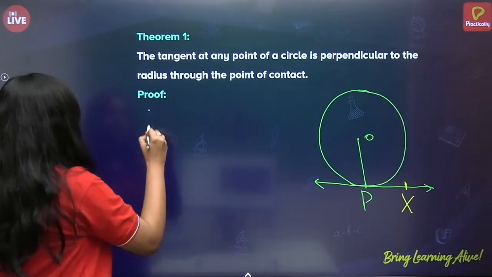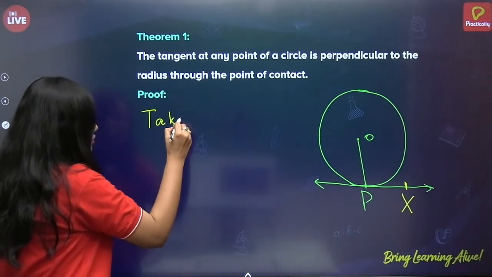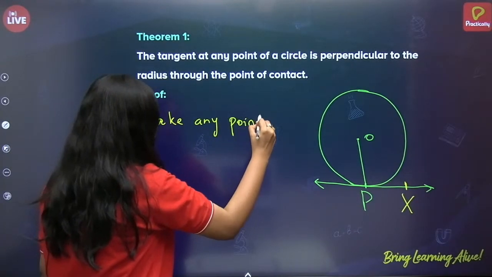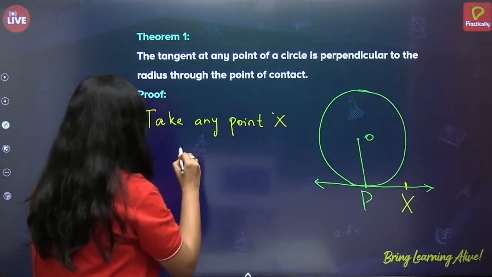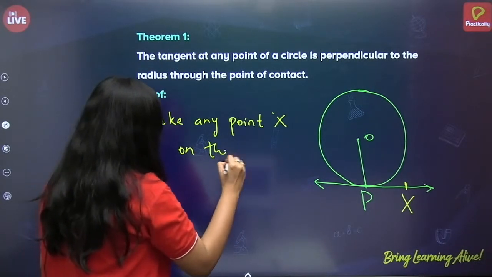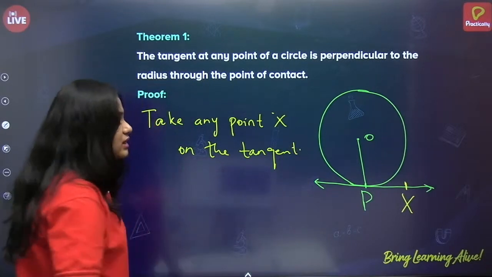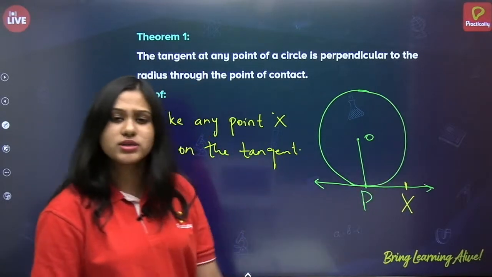Take any point X on the tangent. So now tell me, can this point be on the circle?